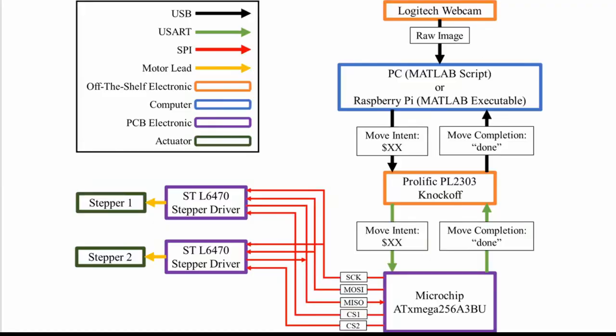There are many different communication protocols that we use for this project. The most obvious of which is USB, where we have our Logitech webcam connected directly to a PC and communicating with the MATLAB script. This is how we get the raw image.